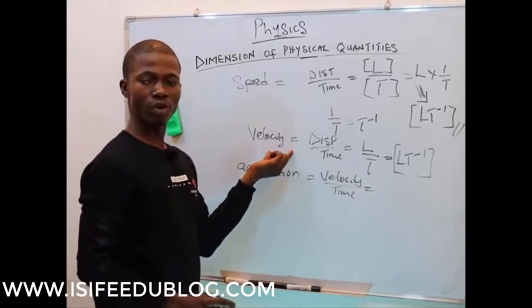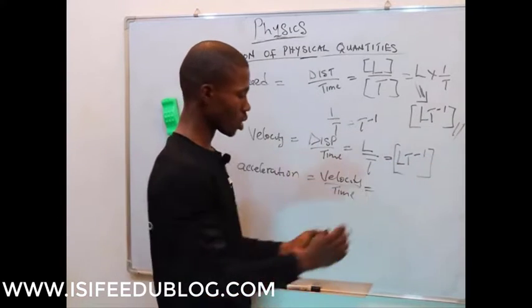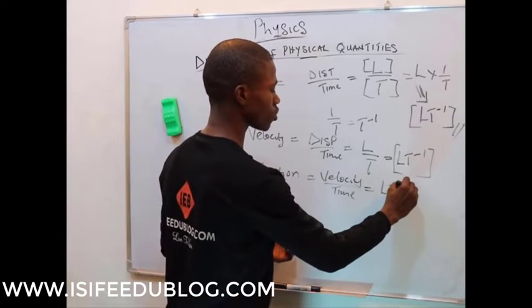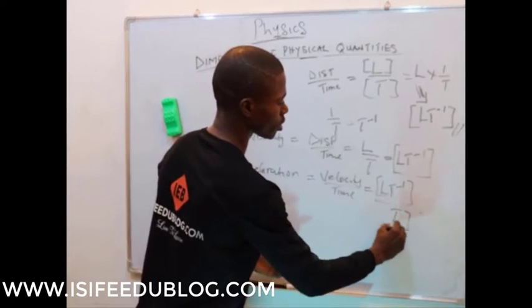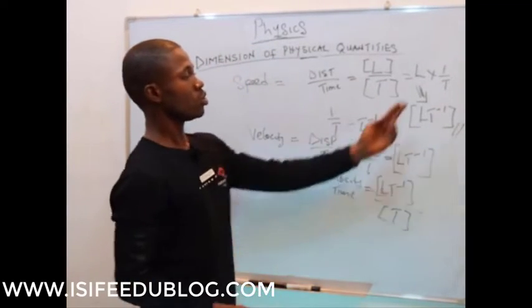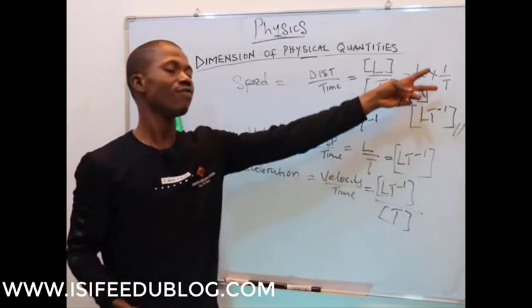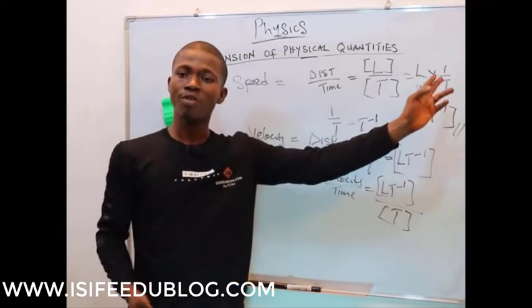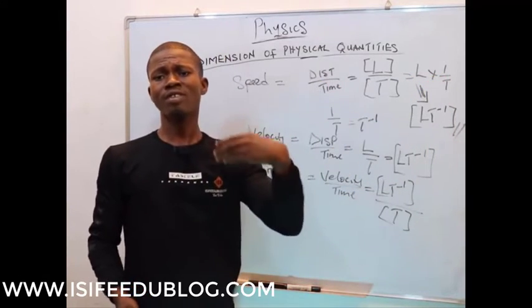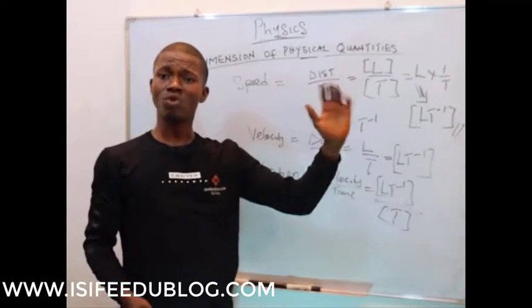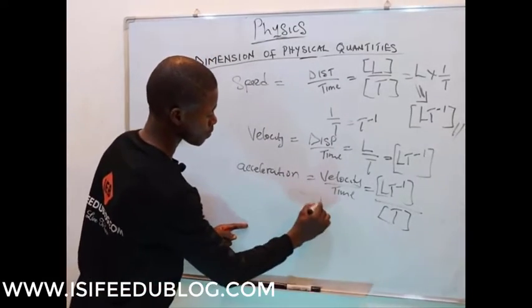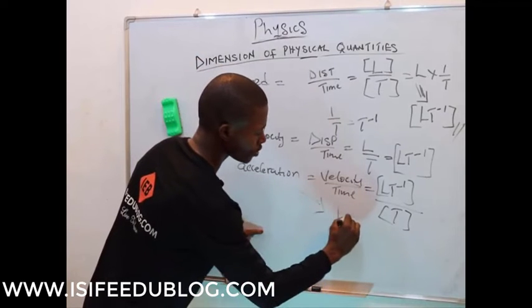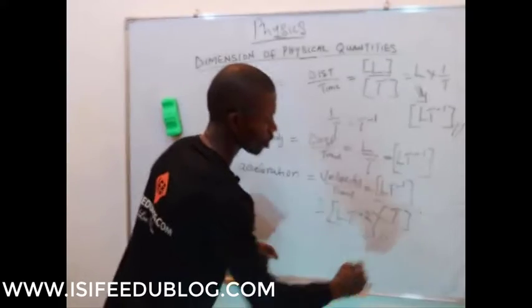From our previous solved example, velocity is LT minus 1, all over time, T. Using this same example, if you find this difficult to comprehend, just visit our mathematical section, indices. It is well explained for you. Therefore, the dimension for acceleration is LT minus 2. That's our dimension for acceleration.